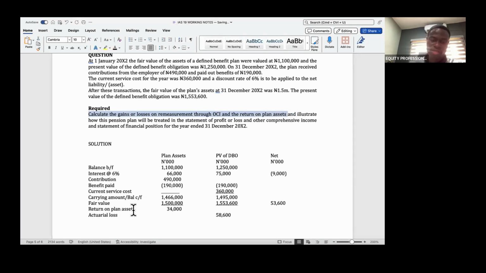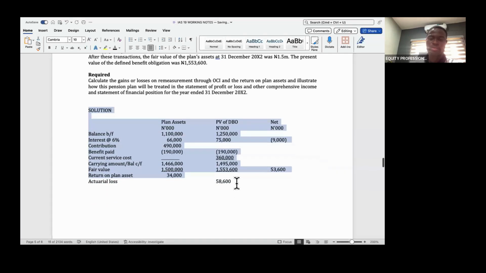I've done that already. There's no way you will have done that if you don't do this. Let me put this in brackets since his obligation was higher. Now, let's prepare our statements.